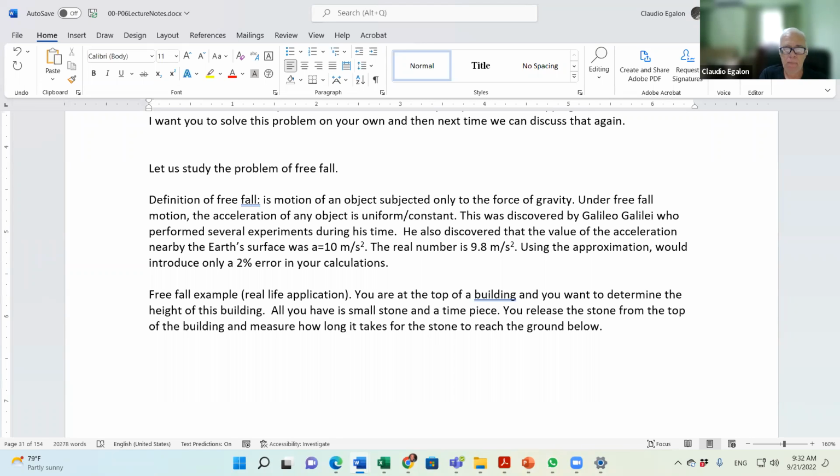Okay, let's say it takes 5 seconds. If it takes 5 seconds for the stone to reach the ground, what's the height of the building?